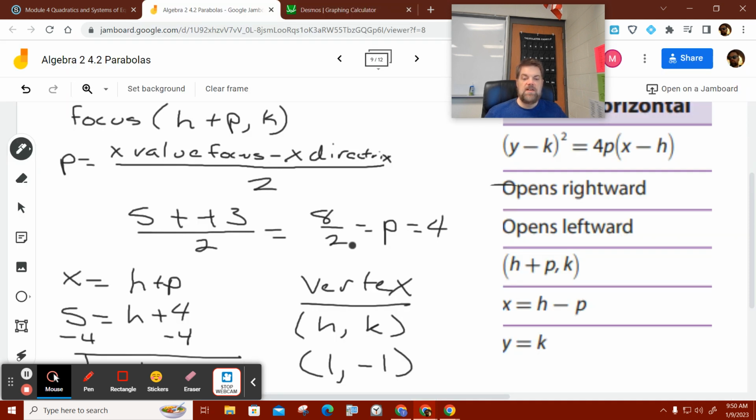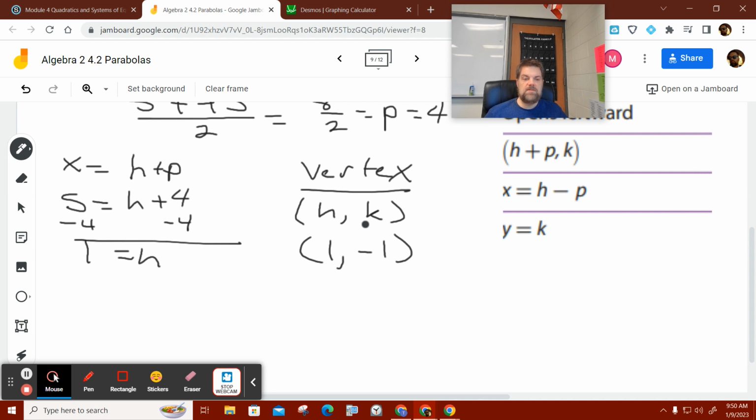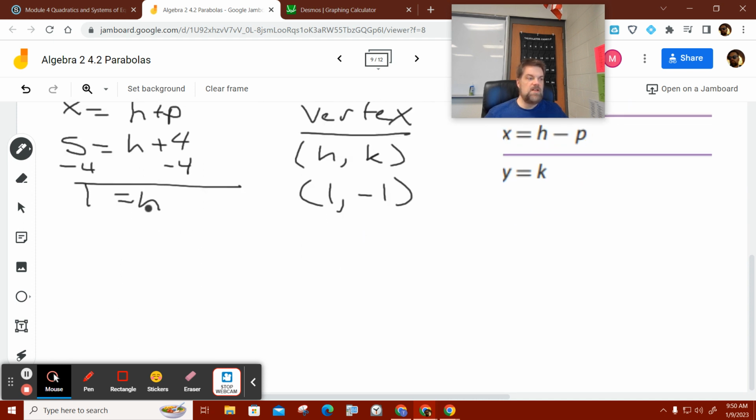So let's do that. So the equation then, for horizontal, it has to be y minus k squared is equal to 4 times p times x minus h.